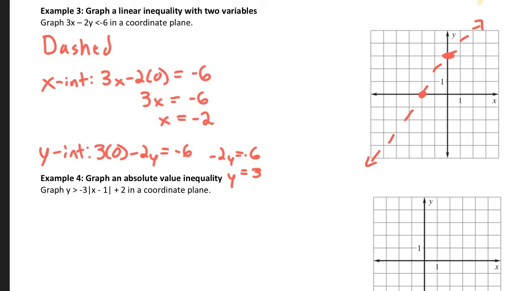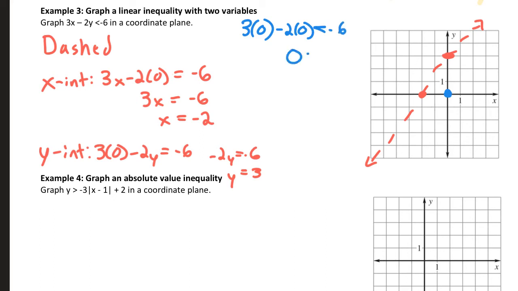So from here, we're going to test our point. I'm going to try and pick an easy point each time. For me, an easy point is the point 0, 0. And I'll use a different color to test that point. So that means I go back to my inequality. I substitute in 0 for both x and y, and that's got to be less than -6.